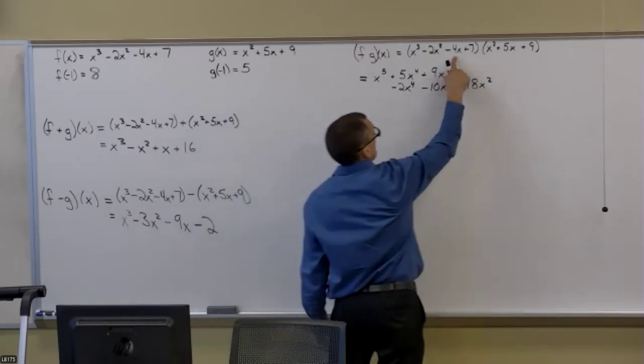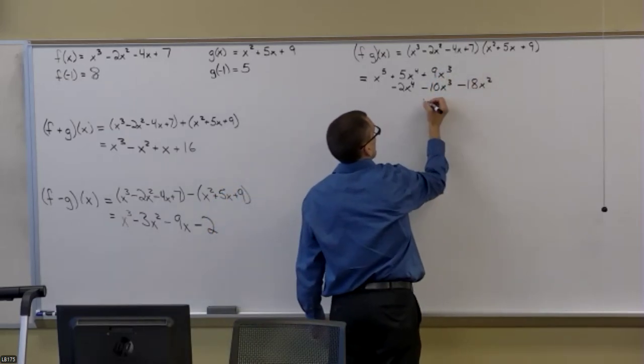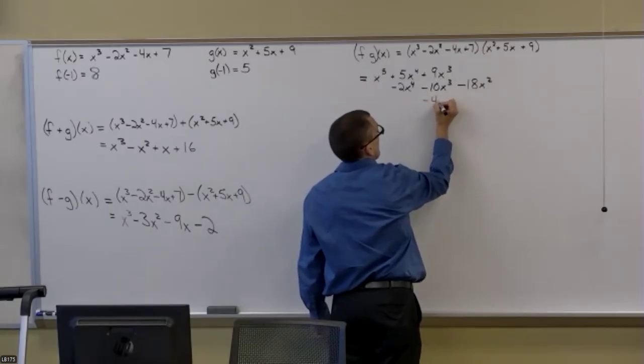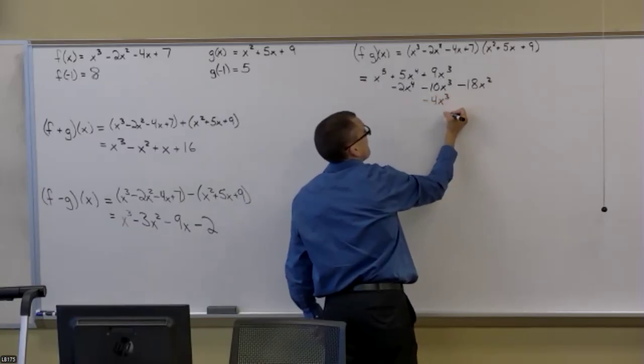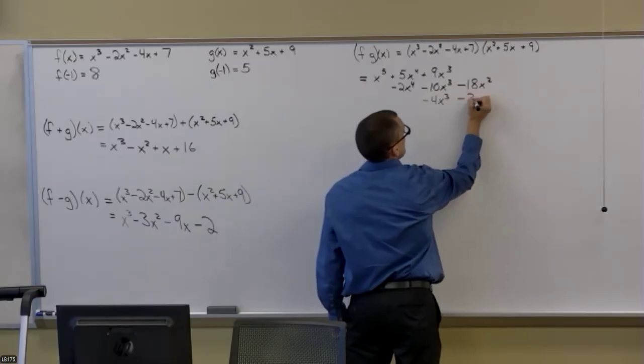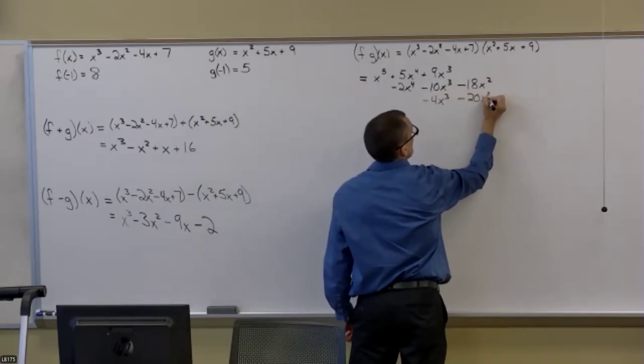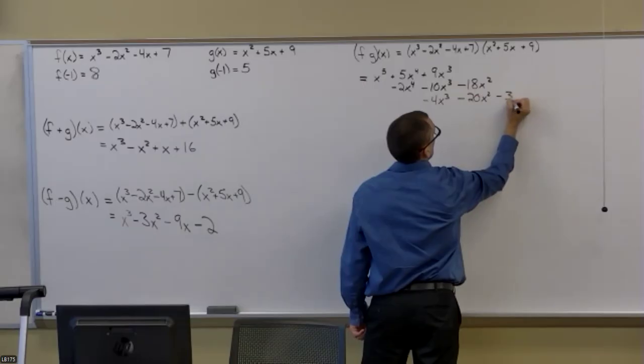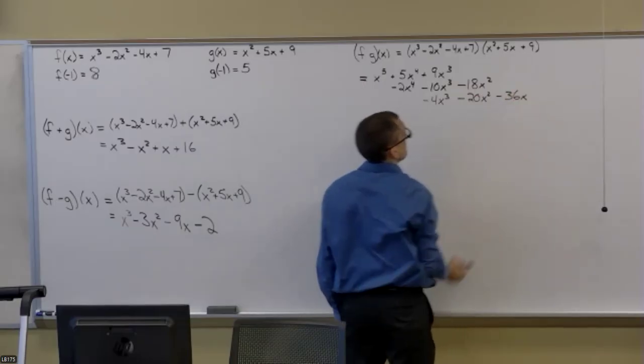And then minus 4x times everything is going to be minus 4x to the 3rd minus 20x squared minus 36x.